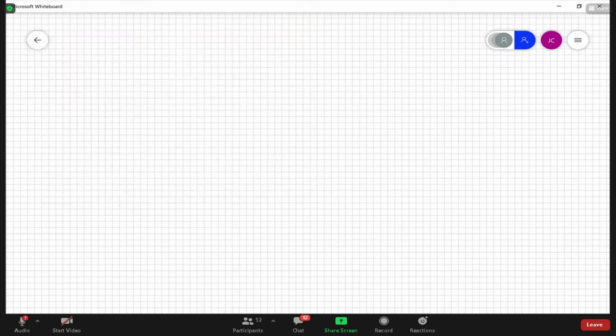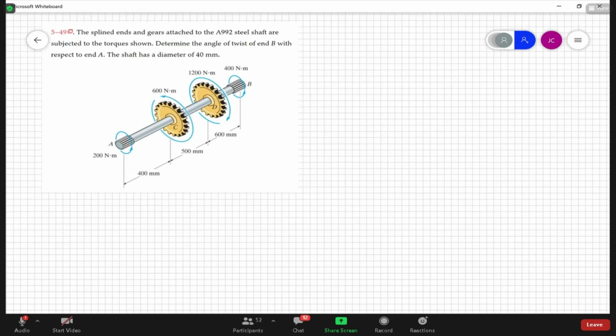So here we have a solid shaft, a solid steel shaft, and you've got torques applied at points A, B, C, and D. And they want us to figure out the angle of twist of B, the right end, with respect to A. So I'm going to be careful about getting the right signs of rotation on these, okay? Because it's going to be important when we do statically indeterminate problems.